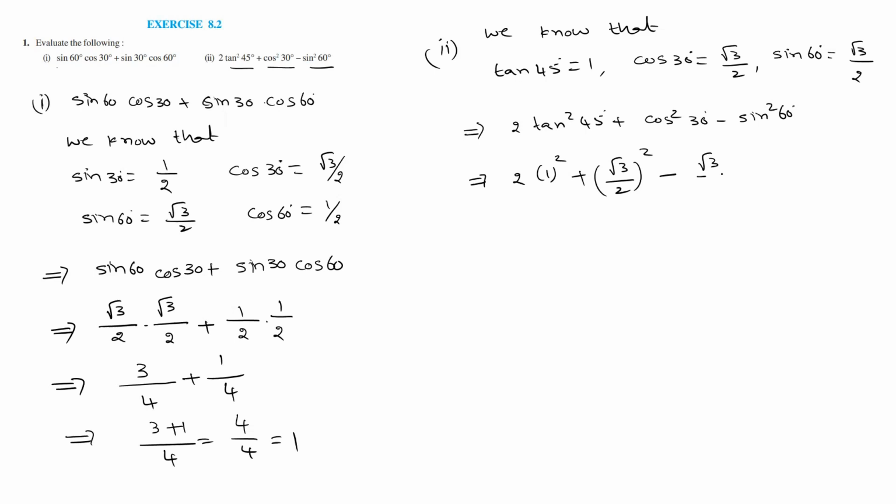Sin 60 is root 3 by 2, so sin square 60 is root 3 by 2 whole square. Now 1 square is 1, 2 into 1 is 2, plus root 3 by 2 whole square minus root 3 by 2 whole square. Both will get cancelled and we get 0. So 2 plus 0 is equal to 2. Therefore, 2 tan square 45 plus cos square 30 degrees minus sin square 60 is equal to 2, which is the answer here.